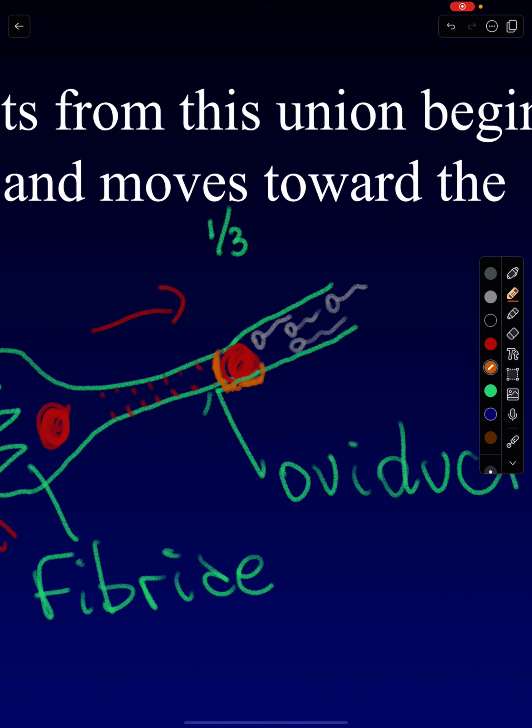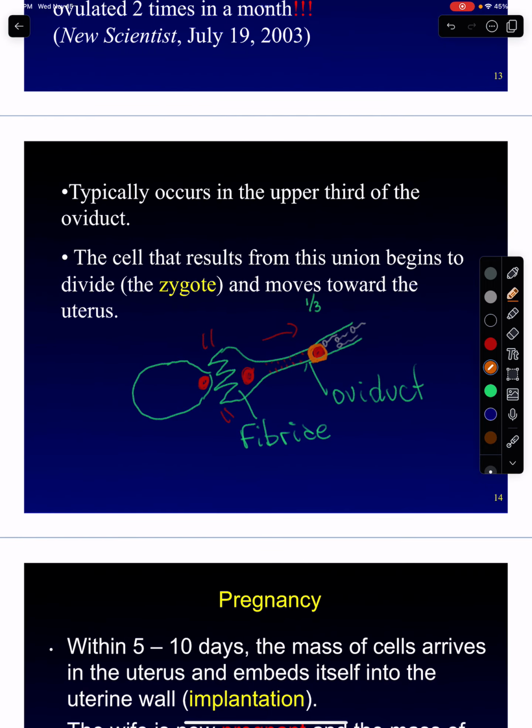The egg has a slime layer, which we'll look at in more detail later, but the sperm literally have to burrow through it to get in there to fertilize, right? So fertilization happens in the upper third. Then once the egg is fertilized, the cilia sweep it down until it enters the uterus and implants.